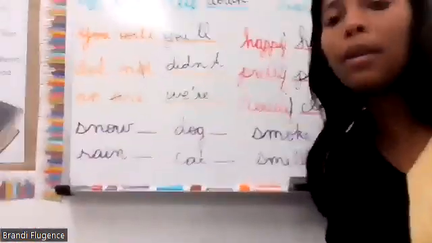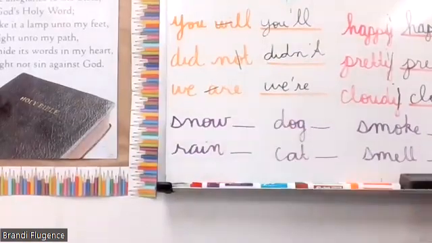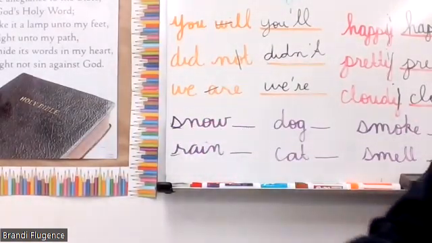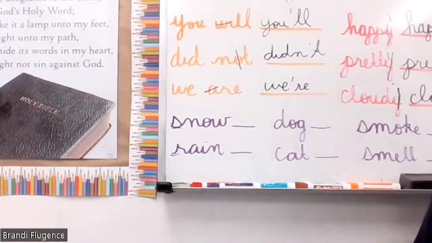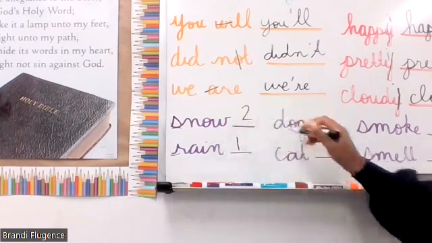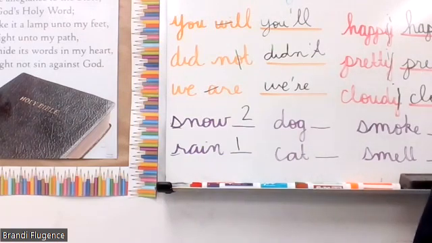All right, let's practice some ABC order. I have 2 words. So I have snow and rain. Remember, in ABC order, we look at the first letter. Which one would go first out of snow and rain? Rain. R comes before S, so that will be first. Dog and cat. Which one would go first?